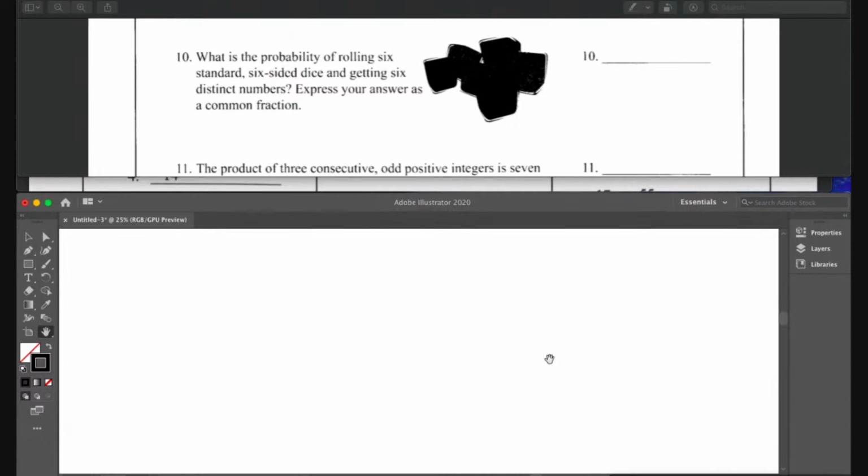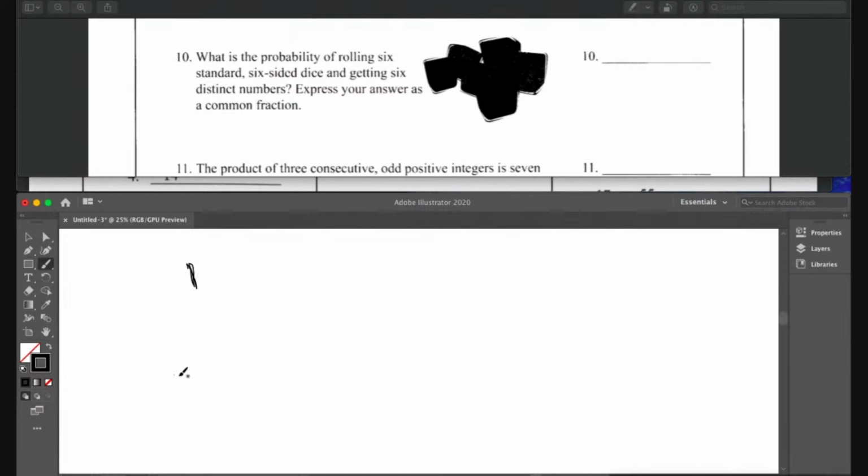So if you think of the first die roll, no matter what it is, it's going to be fine so far, right? It's not going to conflict with any of the other dice. So the probability of the first die keeping everything distinct is just going to be one. And then once you roll the first die, one number is going to be taken, right?